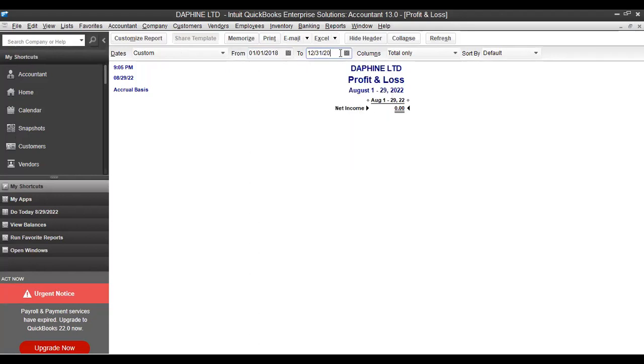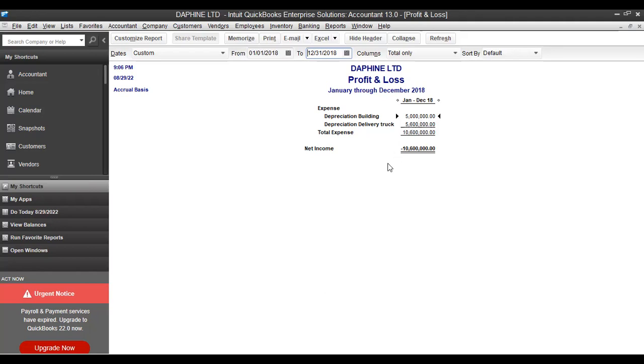So you'll find the figures it put there. Depreciation building, as you can see, it's 5M. Then delivery truck, 5.6. Okay, this is what we did.